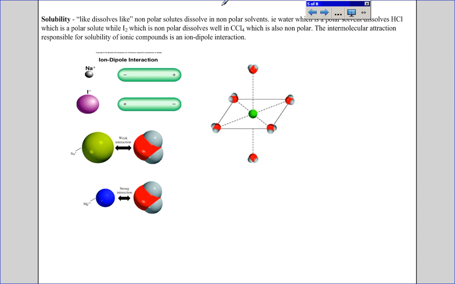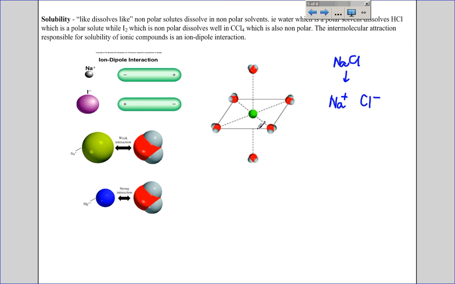So when we look at ionic compounds, for example, if we have something like sodium chloride dissolving, what essentially happens is the sodium chloride is dissolved by breaking up into its ions. The water molecules will surround the positive ions and surround the negative ions.